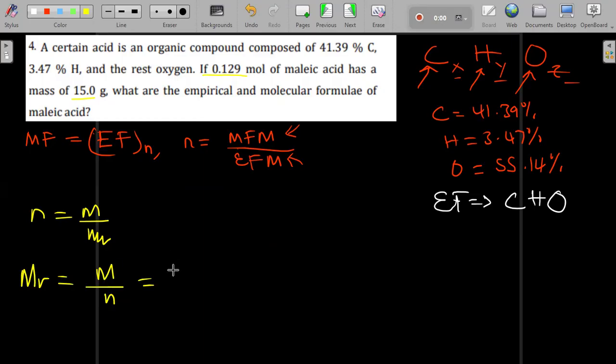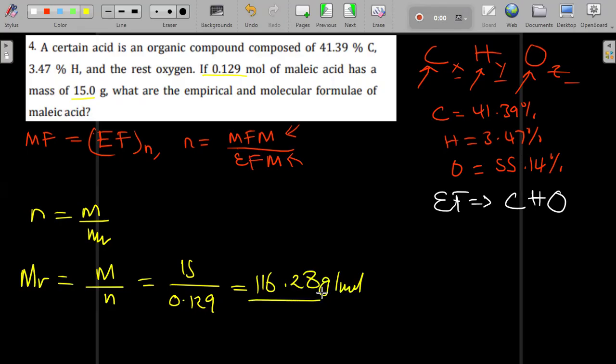So let's calculate. The mass is 15 divided by the moles, which is 0.129. When I divide this, I'm going to get the molar mass. I'm finding 116.28 grams per mole.